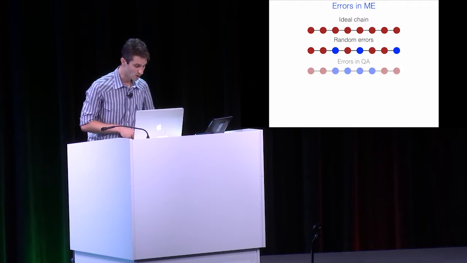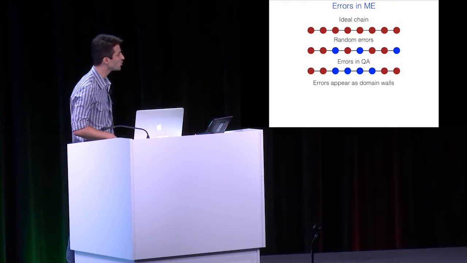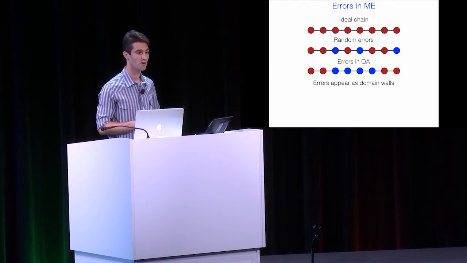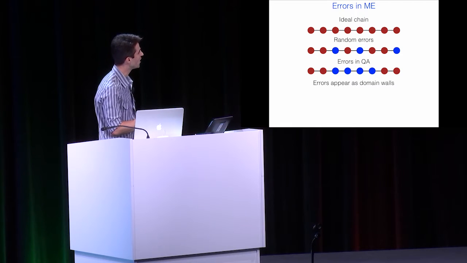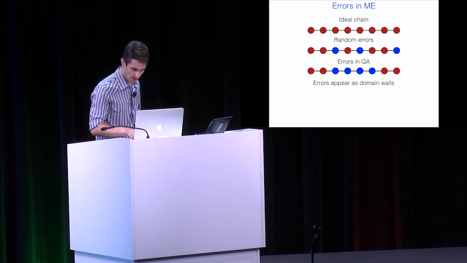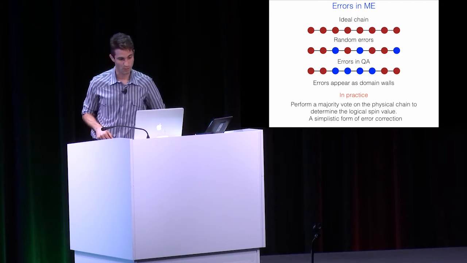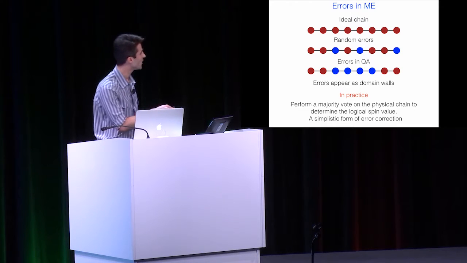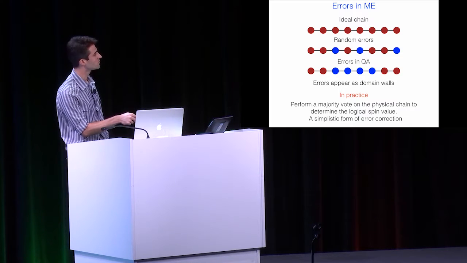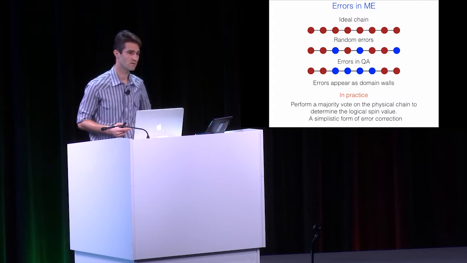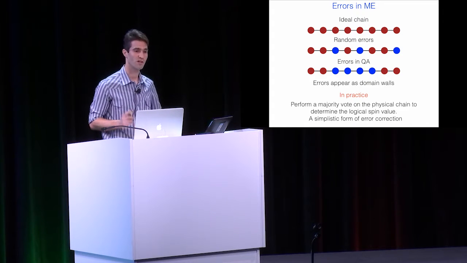But when we do quantum annealing with chains, usually what we find is that the errors appear as domain walls. OK? So definitely, this does not look like that. Now, in practice, when we have broken chains like this, what we do when minor embedding is take a majority vote on the chain to determine whether the logical spin is pointing up or down.